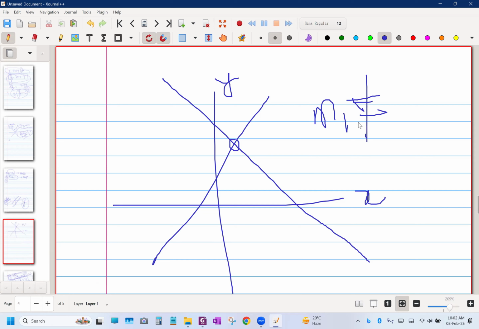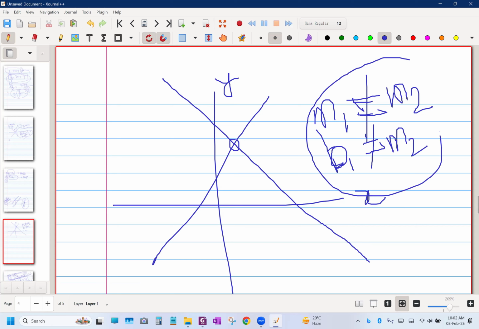They must have different slopes, and they must have different y-intercepts, because when the slopes become equal, that will be a parallel line.